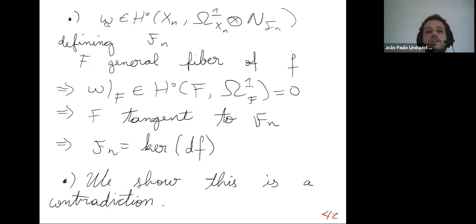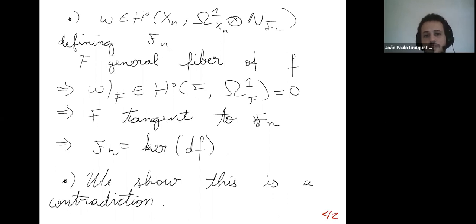Now, if I take a global twisted one form omega defining F_n, and take F a general fiber of the nef reduction, which is a K3 surface, if I restrict omega to F, this will be an element of H^0(F, Ω^1_F). And this is 0 because F is K3.